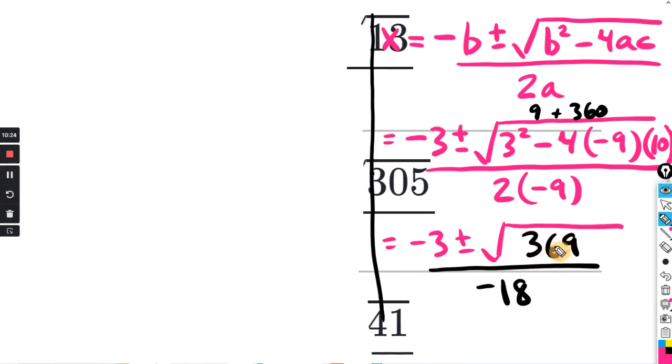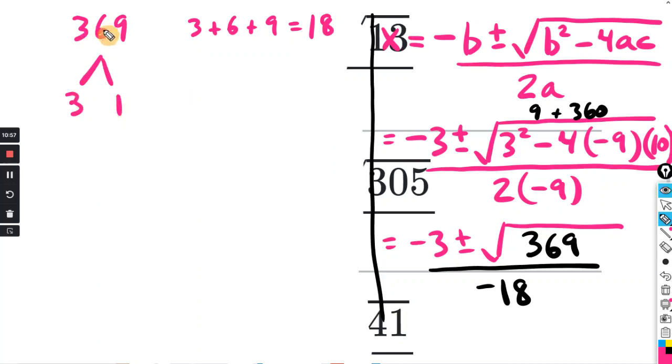So let's write out the factors for 369. Okay, it's not even, so none of the evens will work. But let's see, if you add the digits here, 3 plus 6 plus 9, that equals 18. Can you divide 18 by 3? Yes. So you can divide 369 by 3. 3 into 3 goes once. 3 into 6 goes twice.